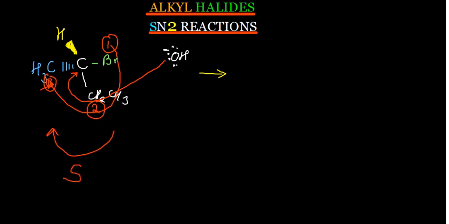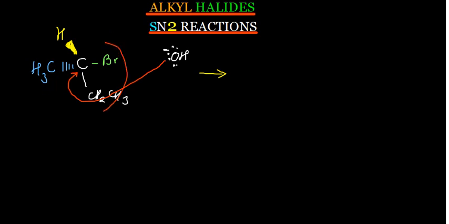So this will give it the symbol S. If the groups were going like this, we would have given it a different name, right? So this one, we are going to name it as S because of how the groups are moving in priority. This is going to be S.